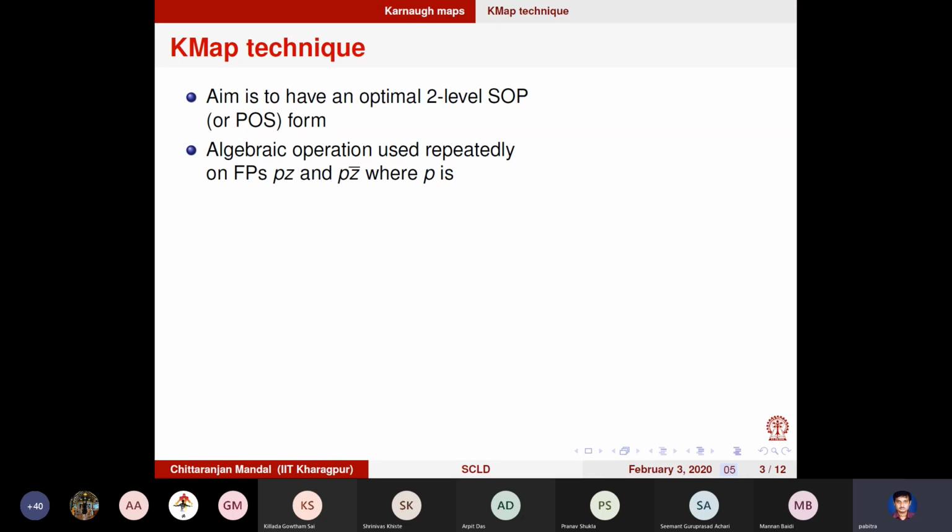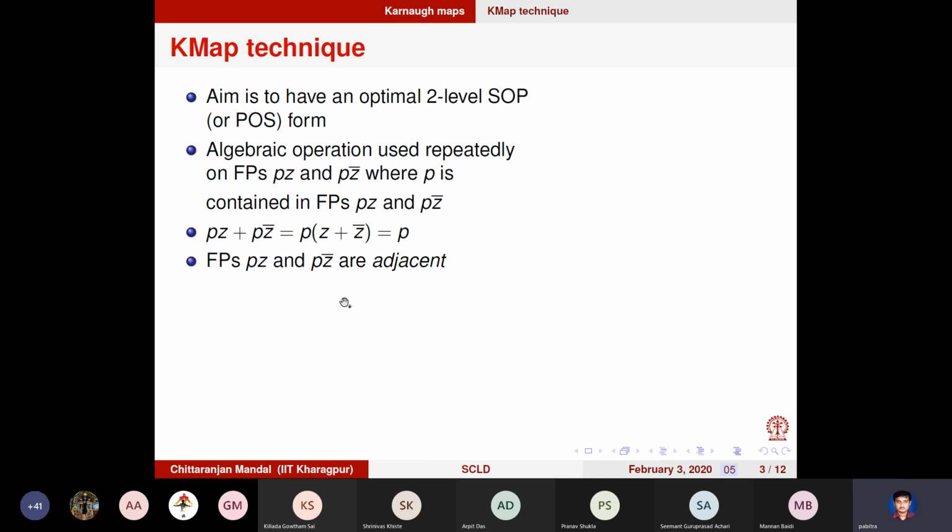It tries to identify patterns where you have two terms in the following form, where p is a sub-expression. You have pz as well as pz bar. The z is in uncomplemented as well as complemented form, both literals are there. Then you can replace pz or pz bar as just p. So basically, you eliminate the variable z.